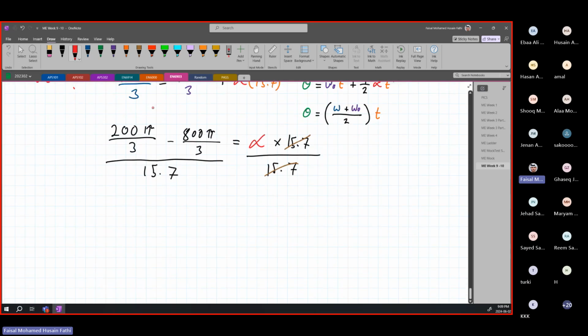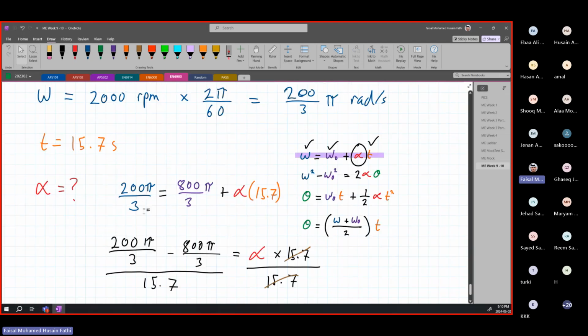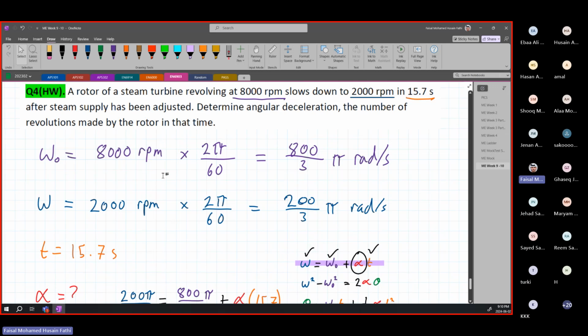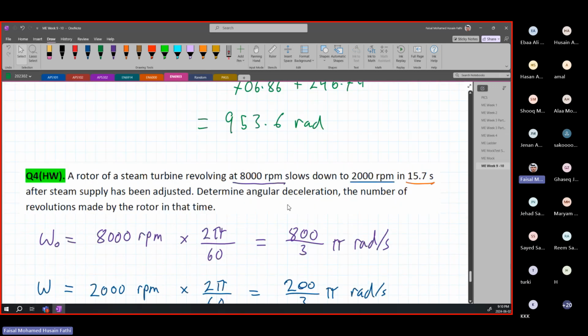And we find that our alpha is going to be equal to 200 over 3 minus 800 over 3, times pi, divided by 15.7. Obviously, we're going to get a negative value of negative 40.02 radians per second squared. The reason it is negative is because we are slowing down. We are going from a higher RPM to a lower RPM. This is why the value is negative, which makes sense because it also says slowing down.